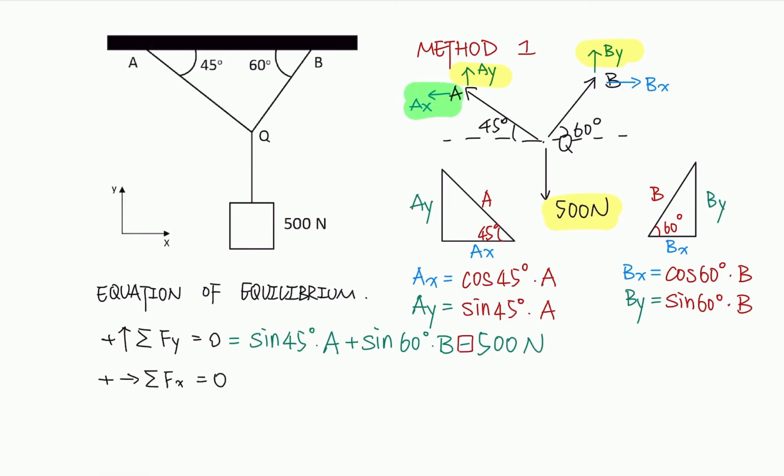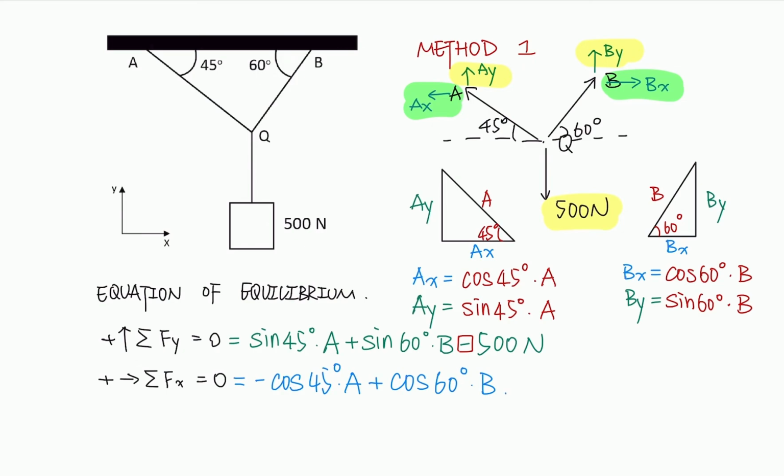And for the horizontal components, AX is pointing opposite to the positive direction, so we will write negative cosine 45 times A. And B is going positive, so we will write cosine 60 degrees times B.